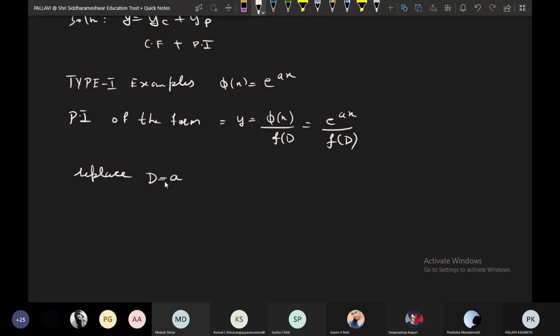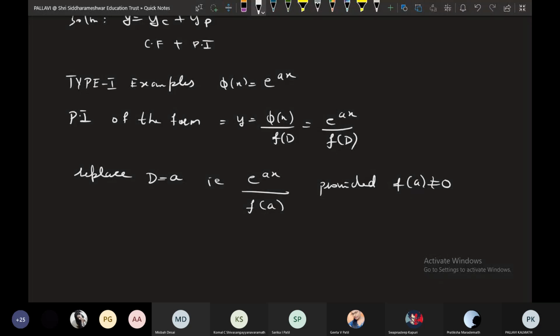That is, you will have e raised to ax upon f of a. In the function, wherever you have D, you should replace it with a. Is it clear? Provided there is one condition: your f of a should not be zero.